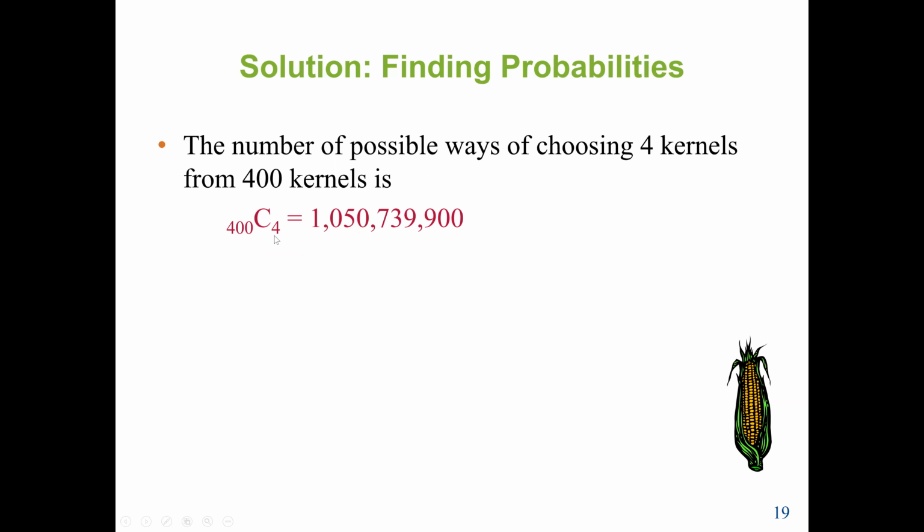Again, we use the combination formula, which is 400 factorial divided by 400 minus 4 factorial times 4 factorial.